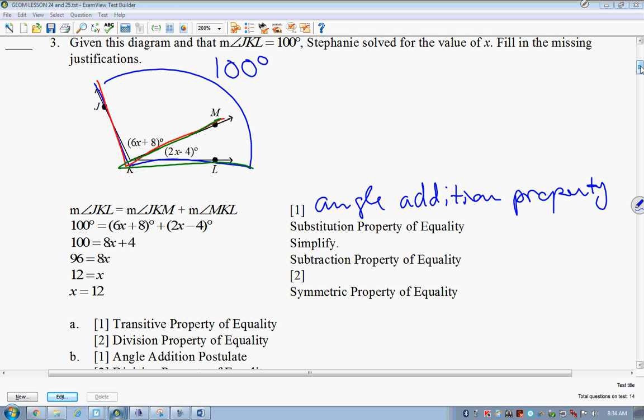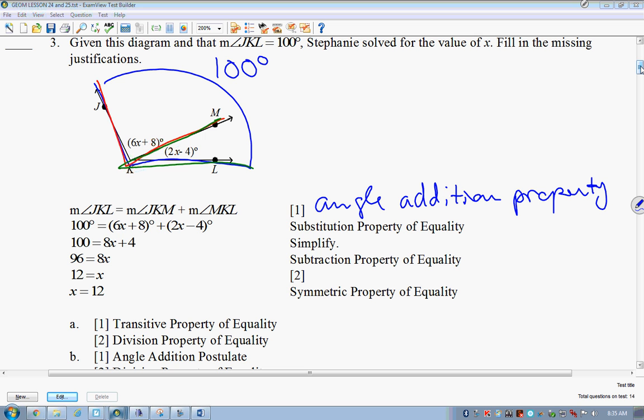All they did, because we're just working with the right-hand side, we're not moving anything across, they combined like terms. They took 6x plus 2x to get 8x. They took 8 plus negative 4 to get 4. All that is simplifying because it stayed on the right-hand side. Okay? There's no property of equality there. Then they subtracted 4 from 100.